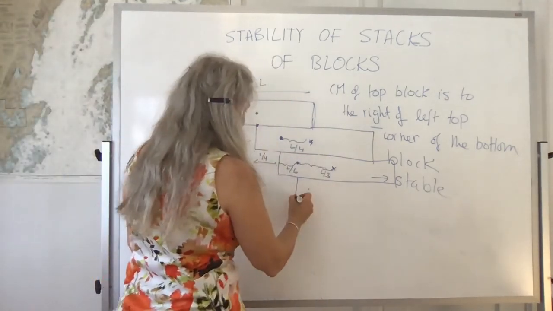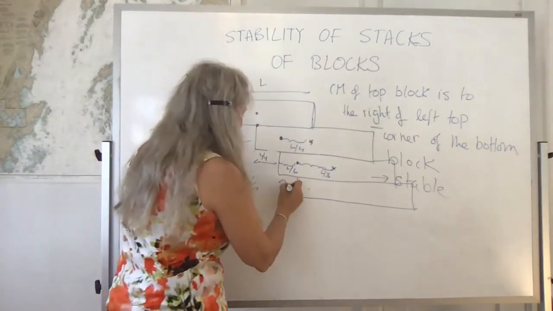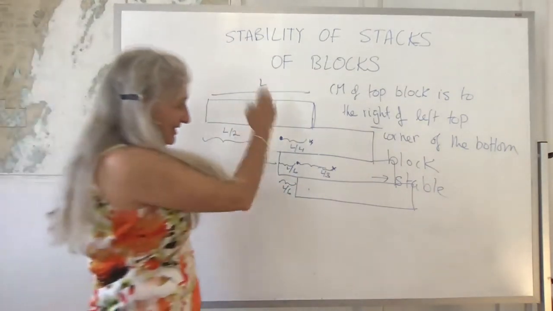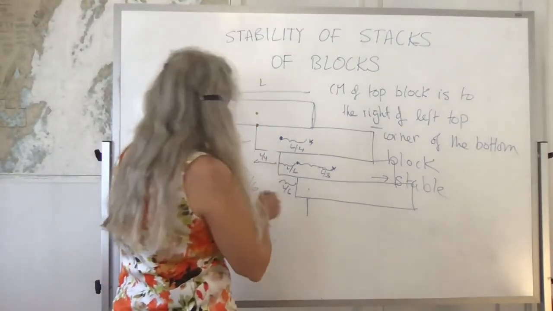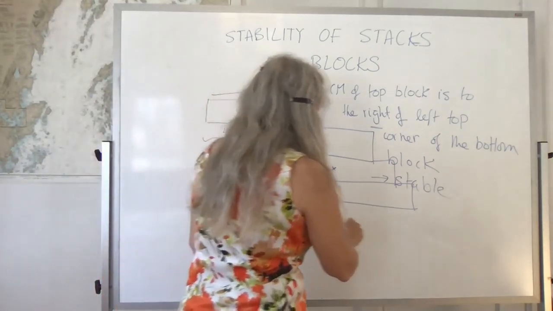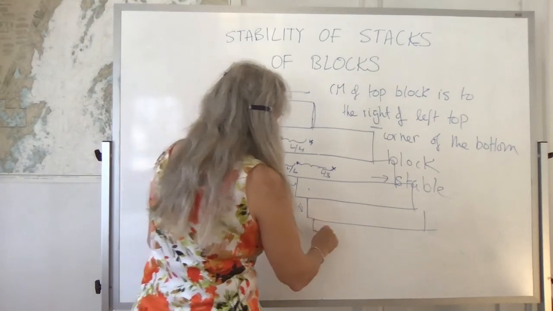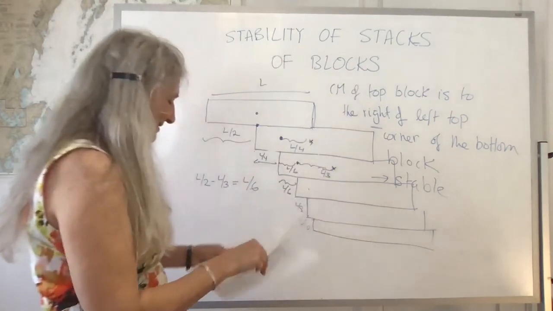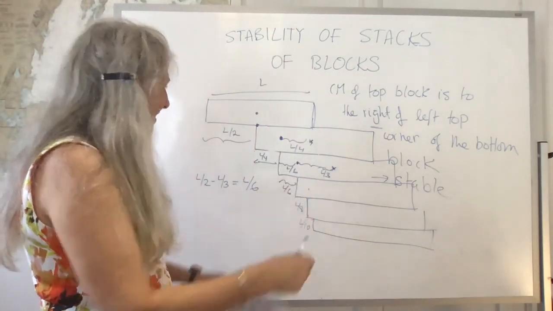That means I can put another block under like that, and the overlap is L over 6 for stability. So you can keep doing this, and you get the pattern where you keep consecutively adding the distances. You can do this iteratively. This is L over 8, and then you get L over 10, et cetera. Is that correct? Yeah, that's right.